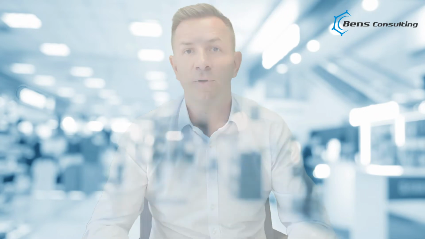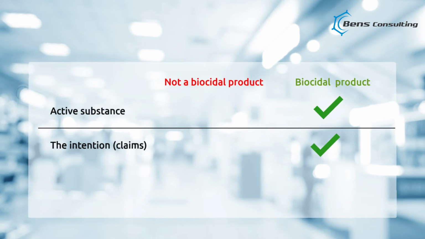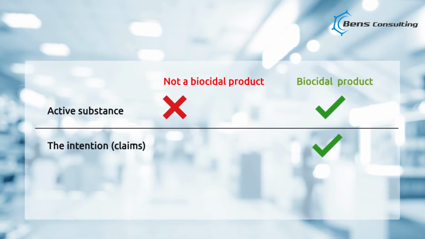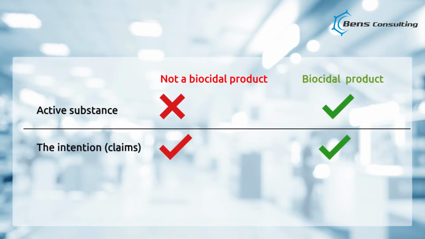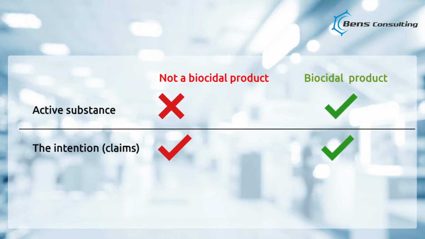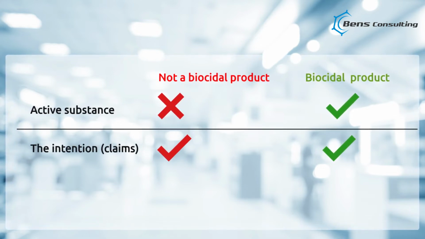These are essential elements of a biocidal product, and if one of them is missing, the product is not a biocide. For example, if your product doesn't contain a substance that is recognized as a biocidal active substance, it cannot be considered a biocidal product. In this case, the potential biocidal claims on the label would be completely false.